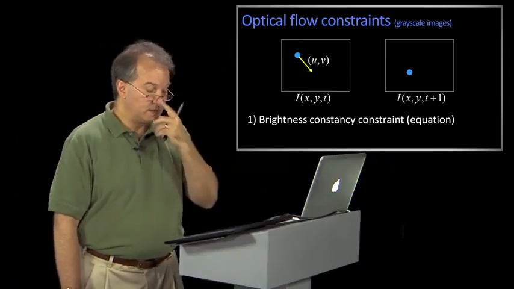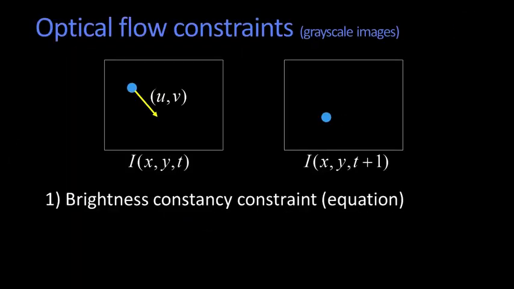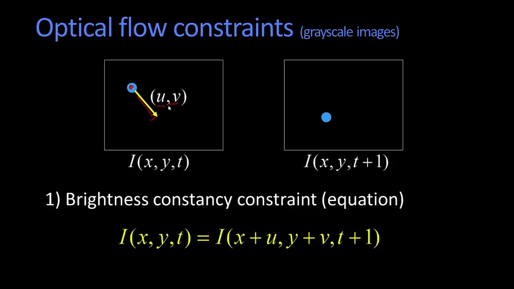So let's look at these equations a little more carefully. The brightness constancy equation: we're going to assume we know that some pixel is moving an amount (u, v). u is the amount in x, v is the amount in y, when we get to t plus 1. The brightness constancy constraint equation can be written like this.